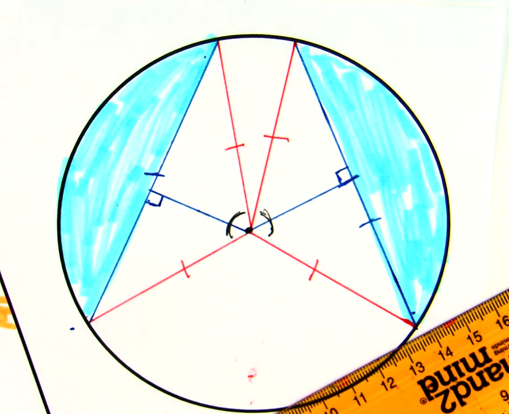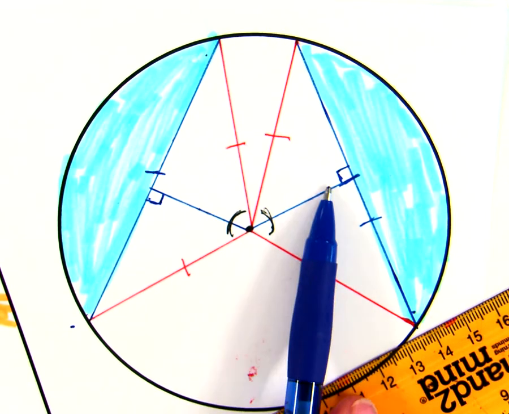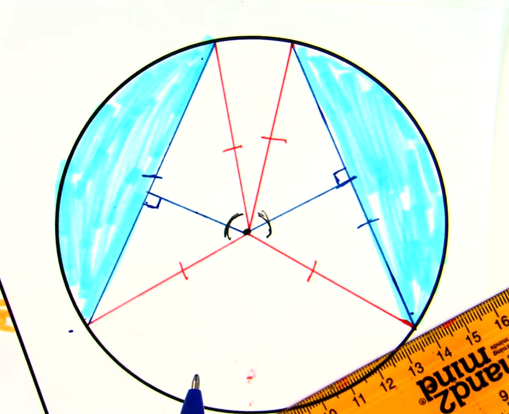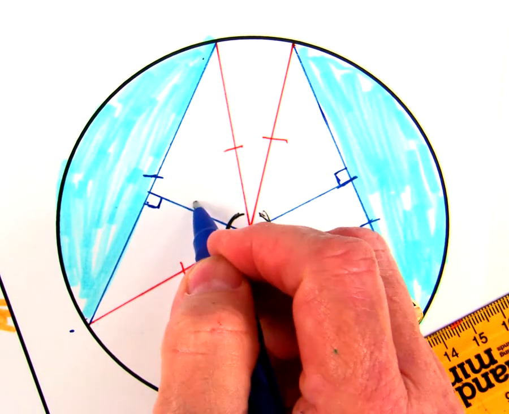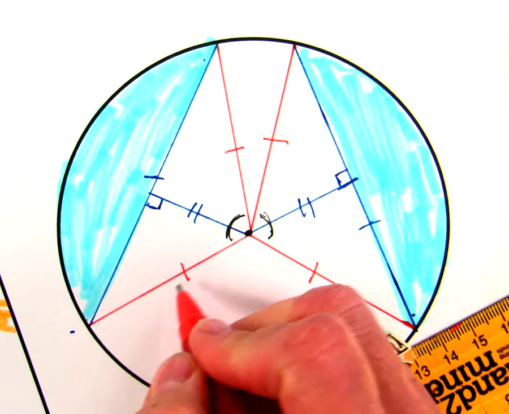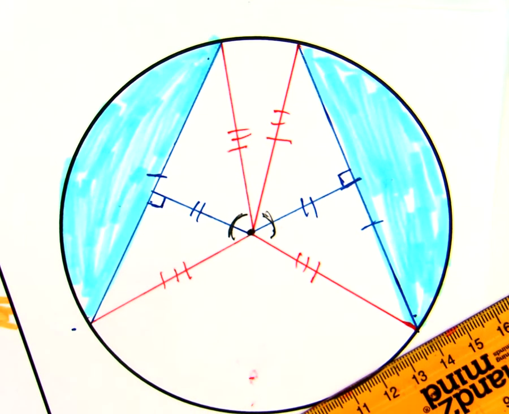And somehow I'm thinking this altitude is the corresponding part of the left triangle to the altitude in the corresponding portions of the right triangle. So I'm guessing that corresponding parts of congruent triangles are congruent, and that these two are congruent. Well, I should have marked those with 3, shouldn't I? Those are already marked with 1.